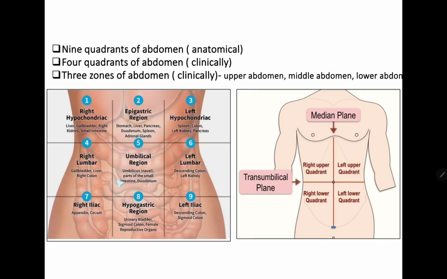So we have 9 regions. What are they? Epigastrium, umbilicus, hypogastrium, right hypochondrium, left hypochondrium, right lumbar, left lumbar, right iliac and left iliac region. So anatomically there are 9 regions.